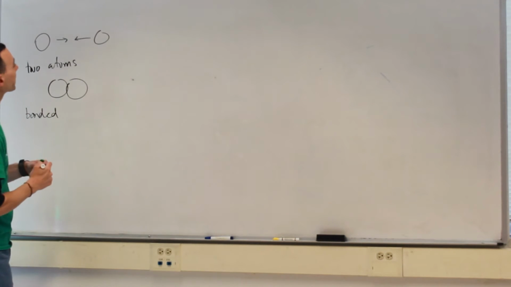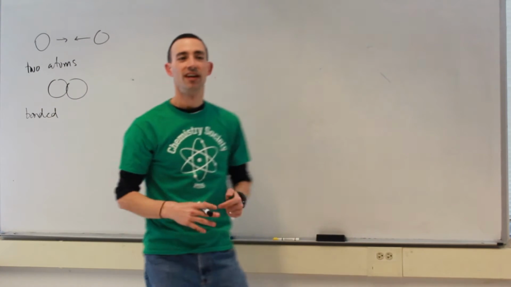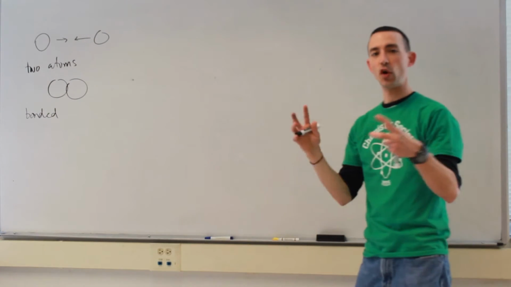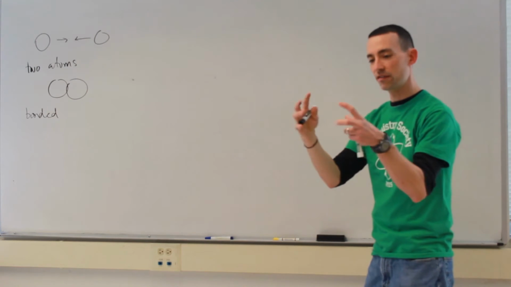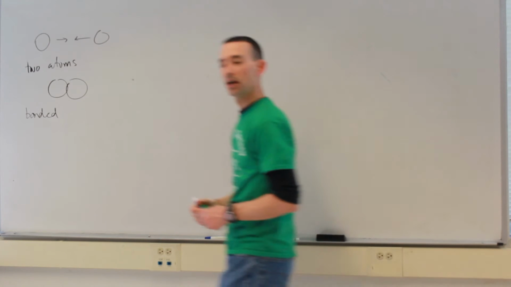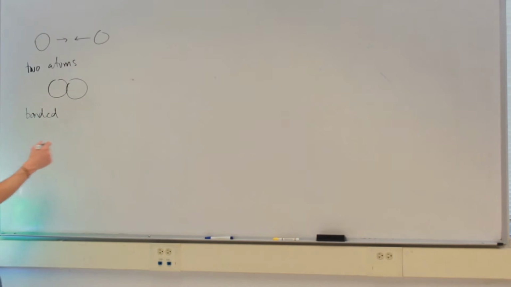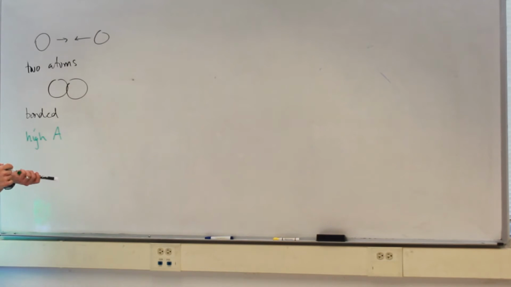It really wouldn't matter what angle these two atoms bump into each other. They're both spheres, so they're always presenting the same sort of amount of surface contact to each other, right? And it's highly likely to be a successful collision from the orientation parameter that we considered. So this type of collision has a high value of A, the frequency factor.